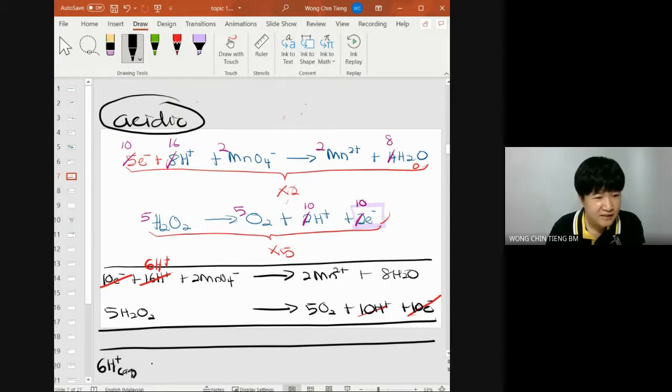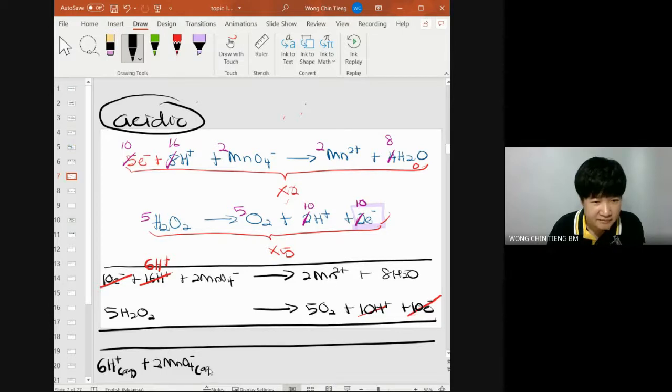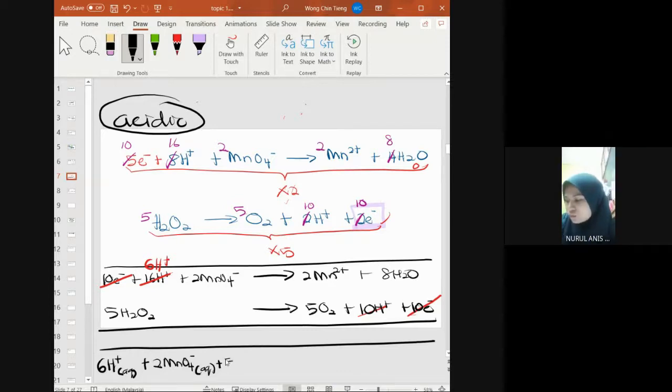Alright, Anis sambung. 6H plus aqueous tambah 2 MnO4 minus aqueous. Lagi 5 H2O2 liquid.